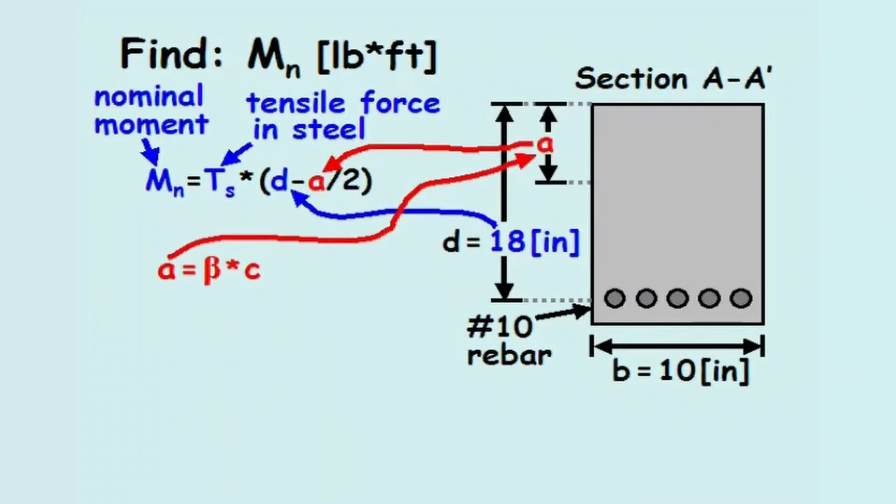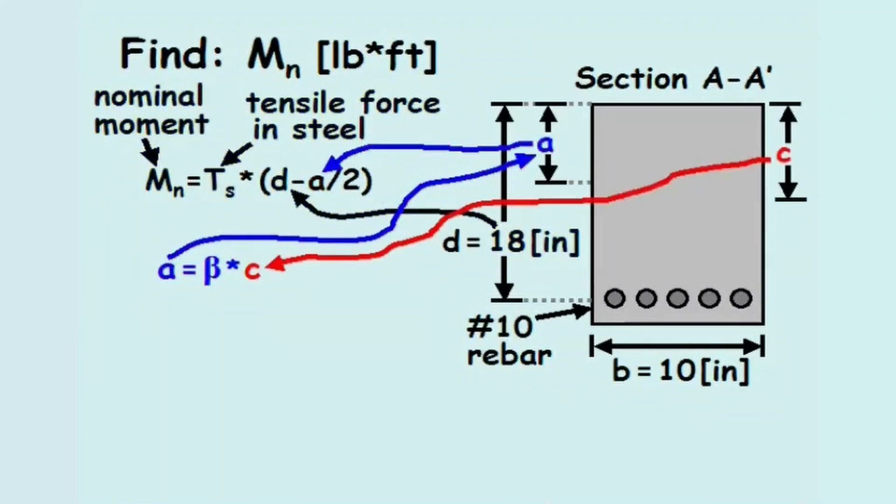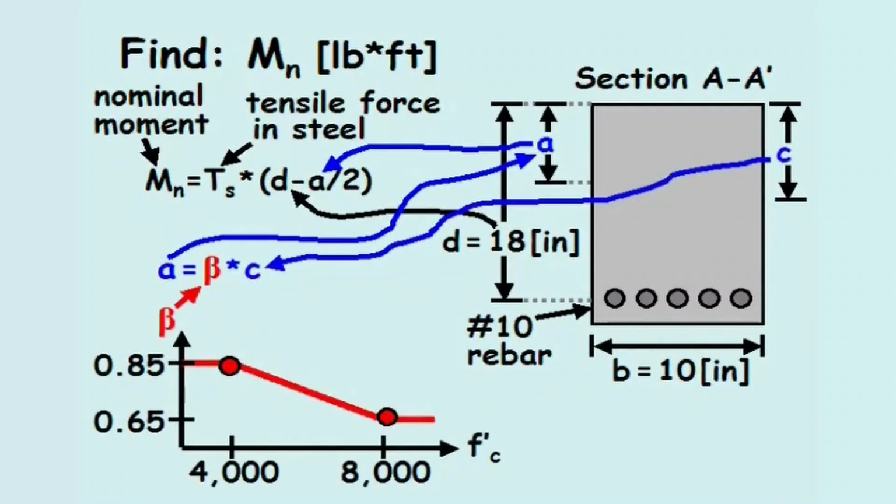In this equation, C is the distance from the top of the beam to the neutral axis, which is the axis where the strain equals 0. And beta is a function of the compressive strength of the concrete and ranges from 0.65 to 0.85.